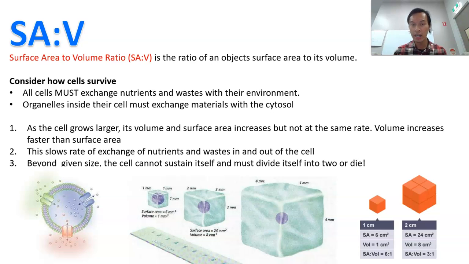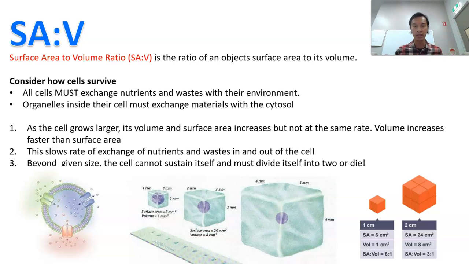As a cell grows larger, however, its volume and its surface area are going to increase, but they actually increase at different rates. The volume usually increases faster than the surface area. That means it's going to slow down the cell's ability to exchange materials going in and out of the cell, because the volume is growing, but the surface area is not growing enough to match all of that exchange need, because cells exchange things through their surface area.